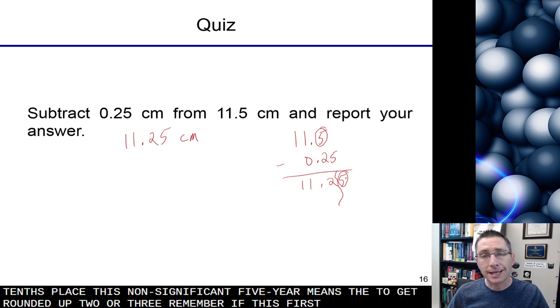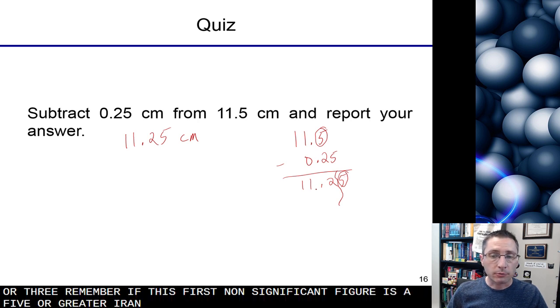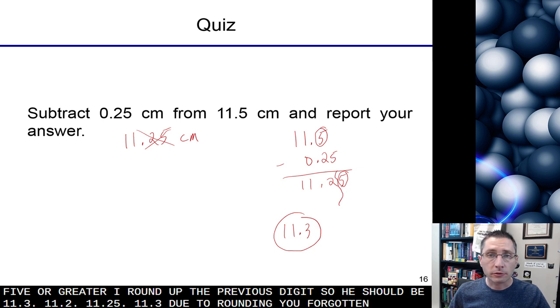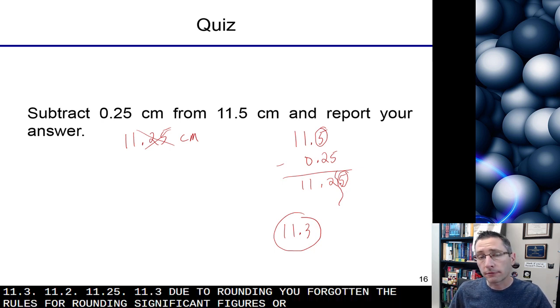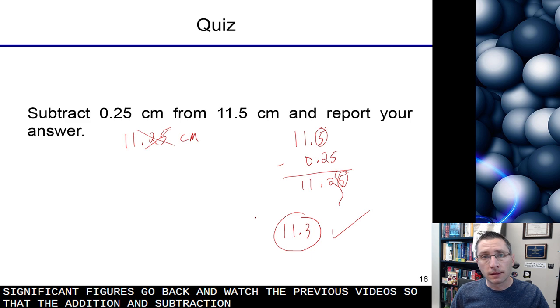Remember, if this first non-significant figure is a 5 or greater, I round up the previous digit. So here my final answer should be 11.3, not 11.2, not 11.25, but 11.3 due to rounding. If you've forgotten the rules for rounding significant figures or the definition of significant figures, go back and watch the previous videos. So that's addition and subtraction.